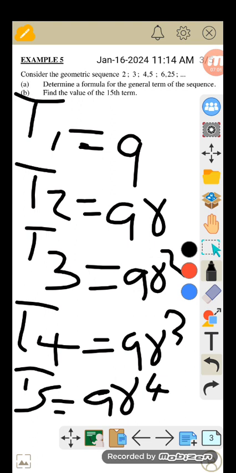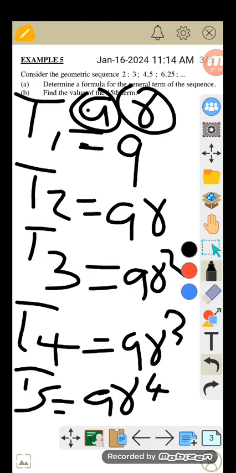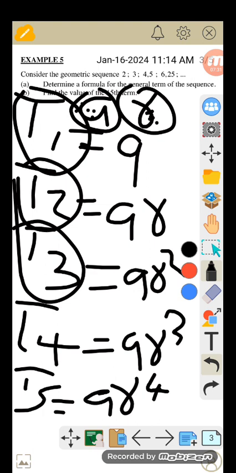Guys, even though you don't have your general term, if you have your first term and your constant ratio, you can just use these two variables to find your T1, T2, T3, T4 and T5. Even if you don't have a formula, you can just use this method.